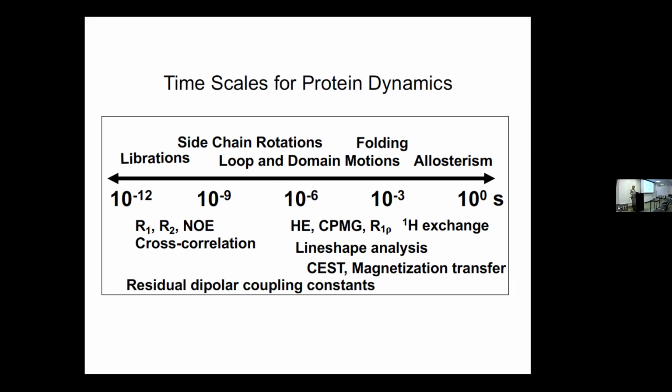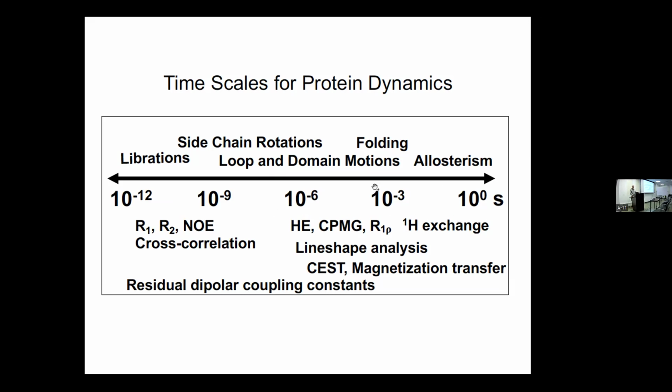Because certainly a typical project would say, we have, say, the free protein and we measure some dynamics, and then we add a ligand and the dynamics go away. But we actually don't know if they go away or if they've just shifted into this window where we don't have any experiments. So trying to close down this gap is quite important.